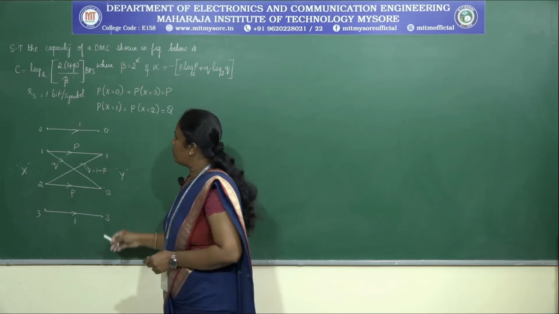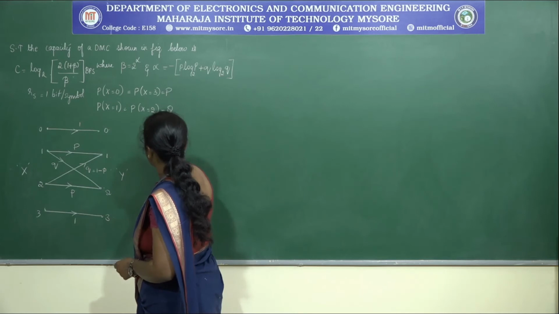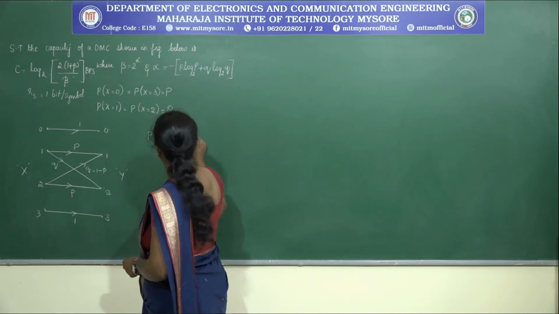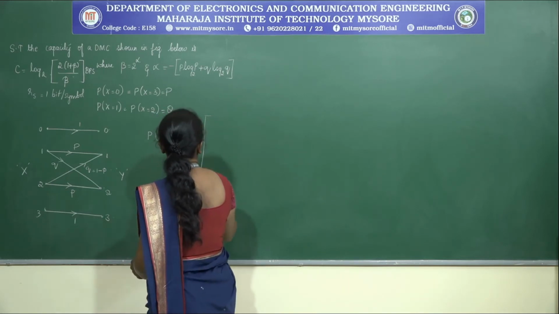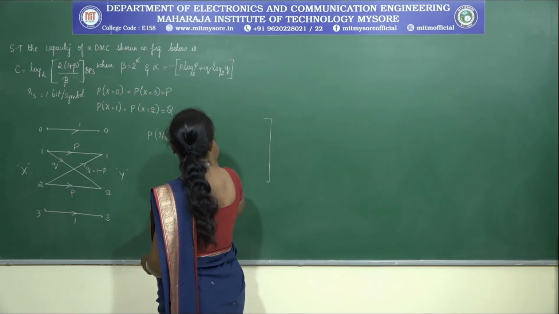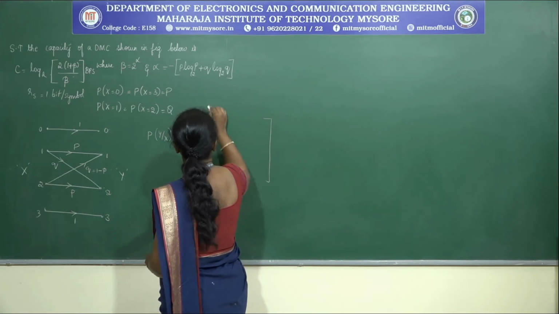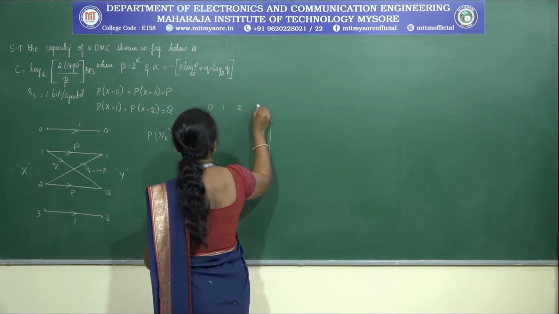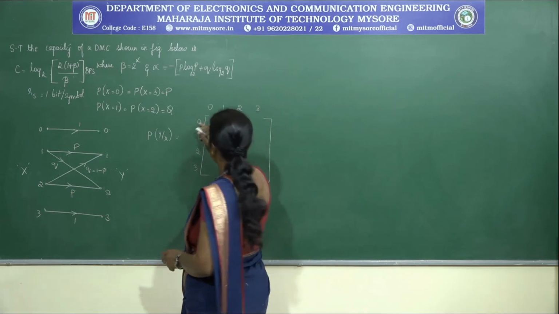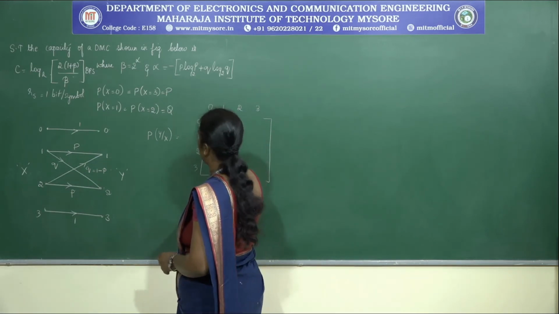Okay. So now first we will construct the channel matrix, that is P of y by x is equal to. What are the inputs we have? We have the inputs as 0, 1, 2, 3 and the outputs as 0, 1, 2, 3. From 0 to 0 we have a connection, so it is 1.